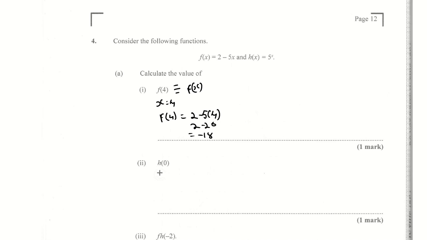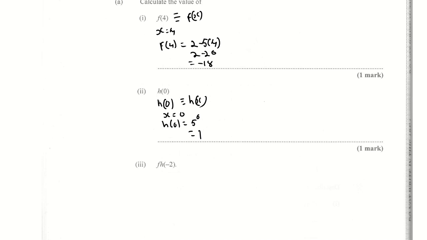Right? And then h of 0, we'll use the h of x equation, equate it with h of x. H's are the same, so obviously x would be equal to 0. So h of 0 would be 5 to the power of 0. Anything to the power of 0 is 1. So 5 to the power of 0 is 1.